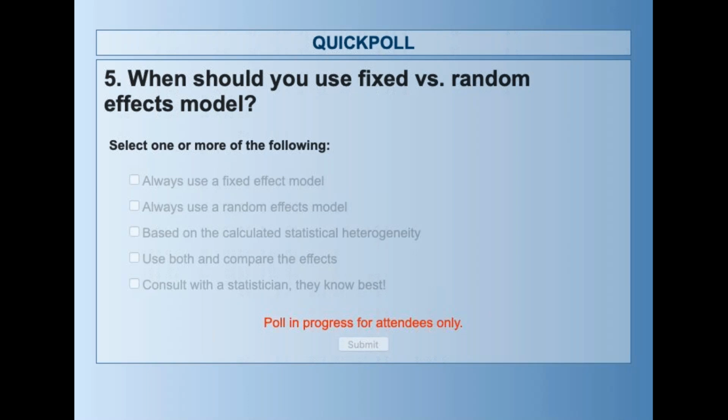Good luck. Okay, Hala, let's go ahead and share the results with everyone.